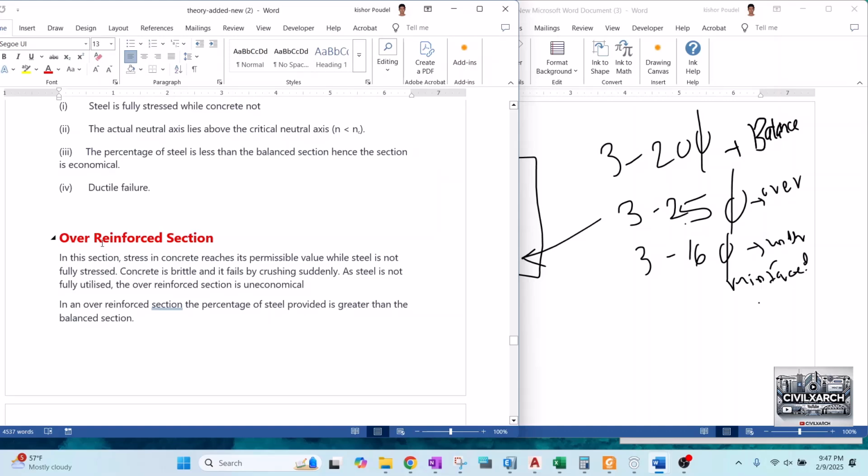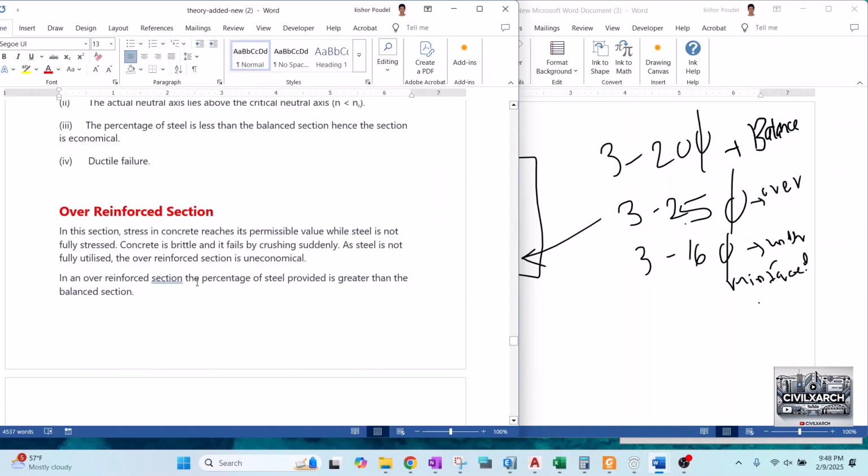This is because we have provided more reinforcement than is required for a balance section. So the steel is more, which means the steel wouldn't be fully stressed, while the concrete might reach its permissible value. So steel is not fully utilized. The over reinforced section is uneconomical.